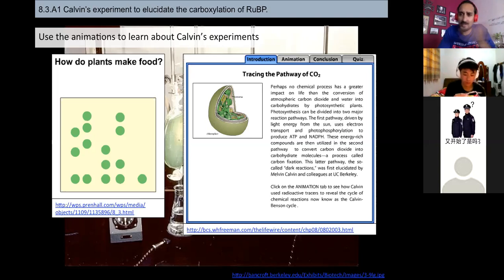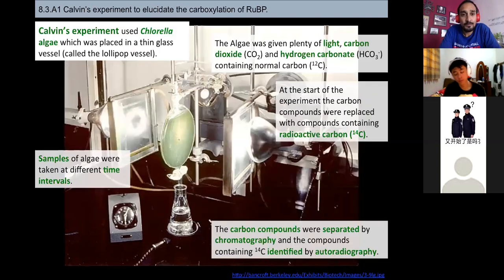Just like the other thing, we've skipped a bunch. If you look up the real Calvin cycle, there's like a million different intermediate compounds going on. We just drew 4 of them. So there'll be a ton more in between that we've ignored. But in order to try and identify them, Calvin did this experiment.